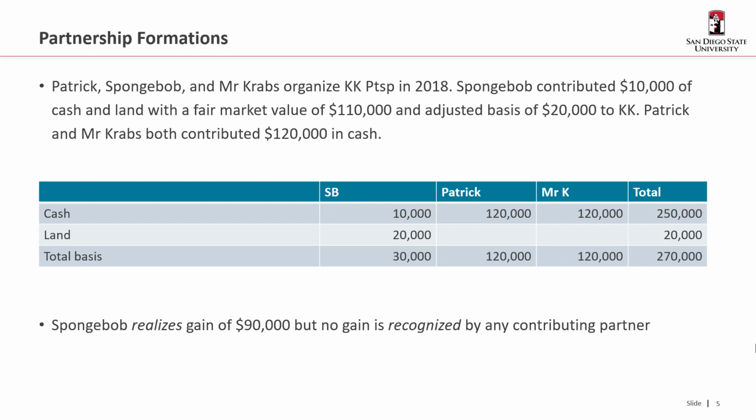Therefore, his total basis is $30,000. So the fair market value is not relevant. This is in spite of the fact that SpongeBob realizes a gain of $90,000. What does he receive in exchange? He gets $110,000 fair market value of partnership interest in exchange for his land with an adjusted basis of $20,000. That's a realized gain of $90,000, but no gain will be recognized by any contributing partner in this transaction. Patrick and Mr. Krabs just get partnership interest in exchange for their cash.